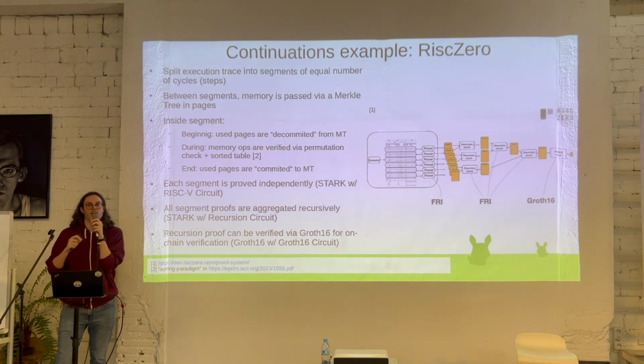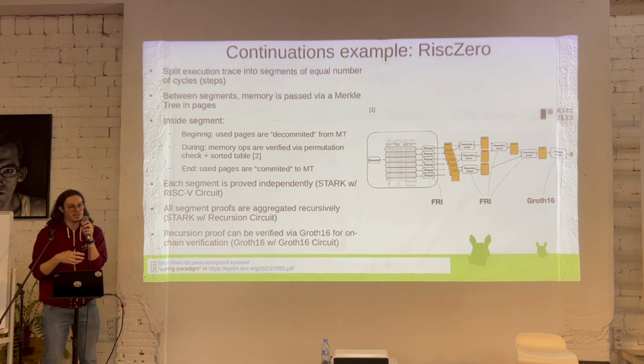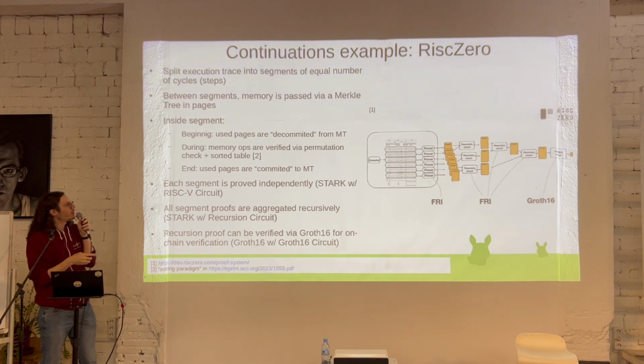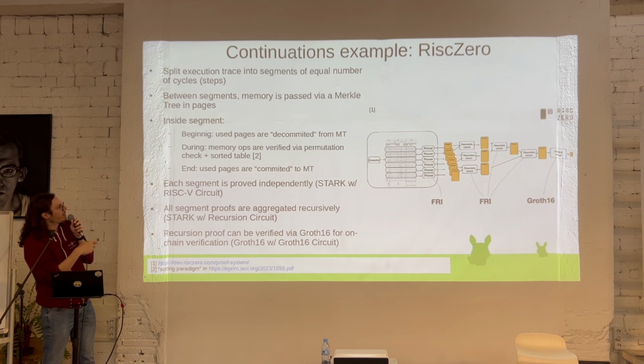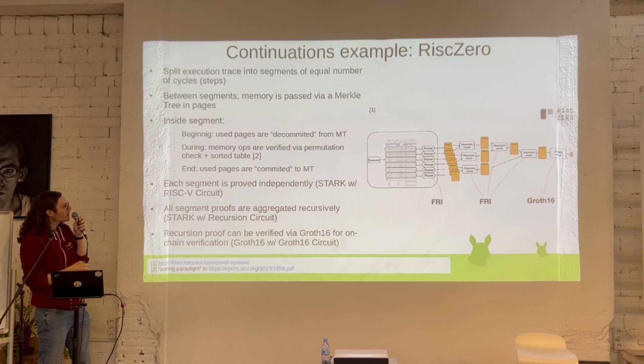This is a Merkle tree where the leaves contain pages of memory, and at the beginning of one segment, there will be an opening of the pages that will be read or written in that segment. Then during that segment, all the memory is going to be verified with the permutation check and sorted table. You can learn more about this here, but this is a common trick to prove the memory correctness of RAM.